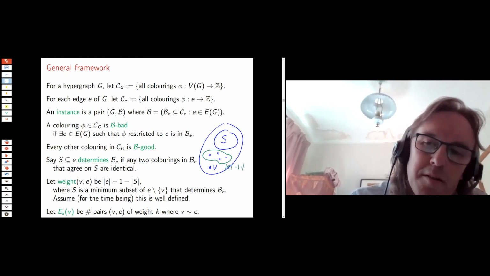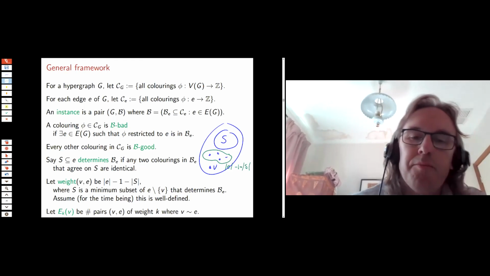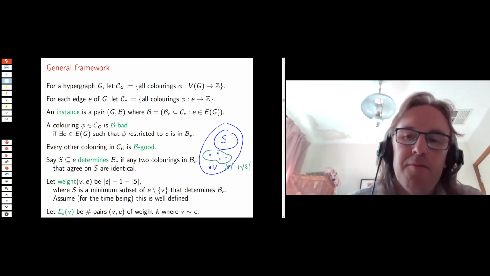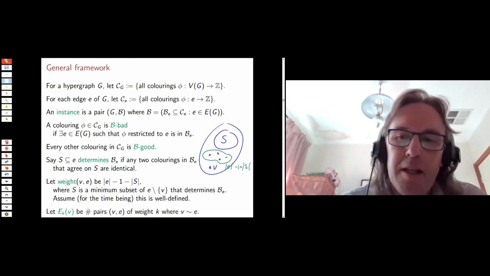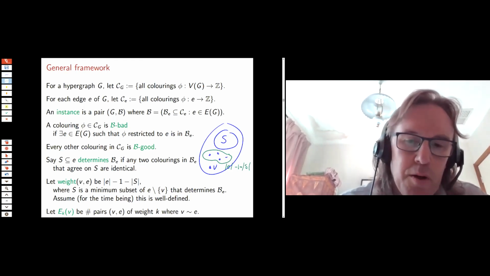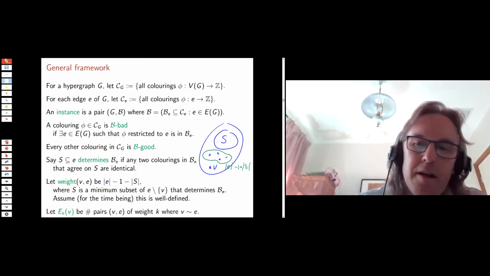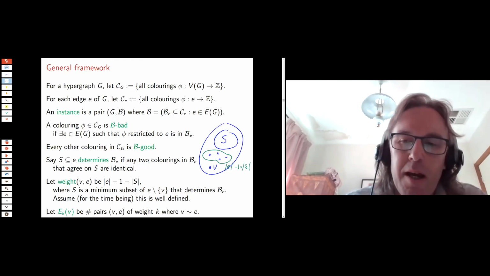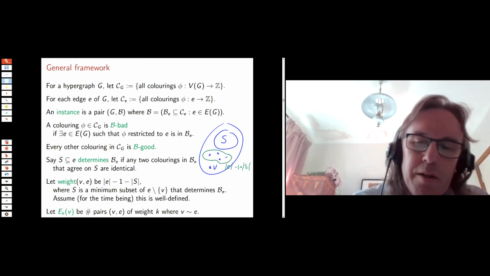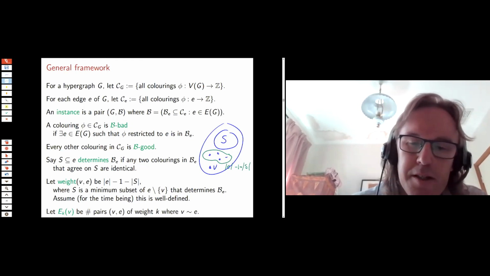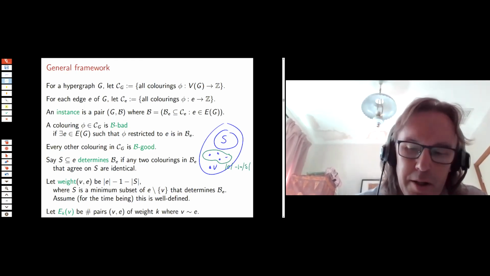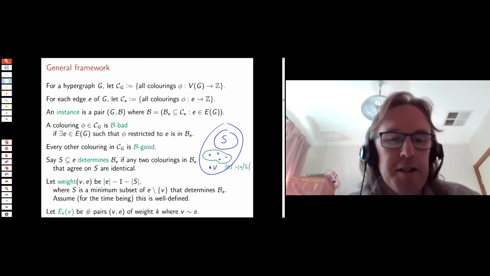So that's the size of E minus 1 minus the size of S. So we say that's the weight of the pair (V, E), and we take S to be the smallest set that is outside of V, and it determines the bad colorings for E. And let's assume for the time being that this is well defined, that there does always exist such a set S. Later on in the talk, I'll address the case where there is no such set.